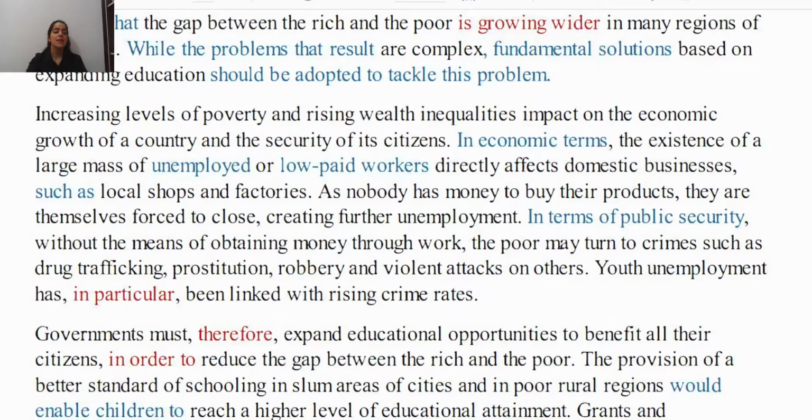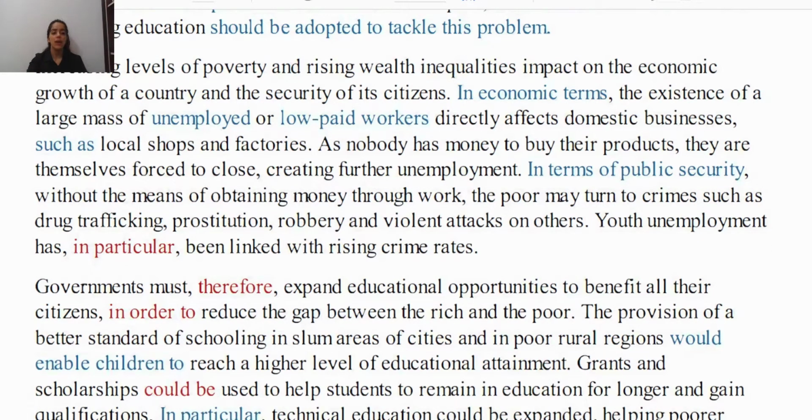So let's take a look at body paragraph 1 here. Increasing levels of poverty and rising wealth inequalities impact the economic growth of a country and the security of its citizens. In economic terms, the existence of a large mass of unemployed or low-paid workers directly affects domestic businesses, such as local shops and factories.